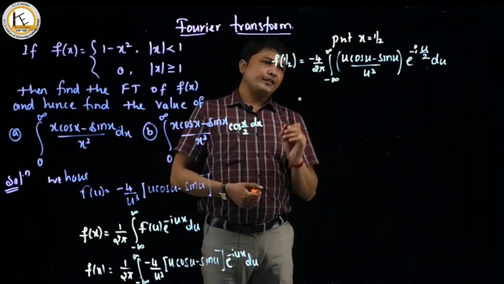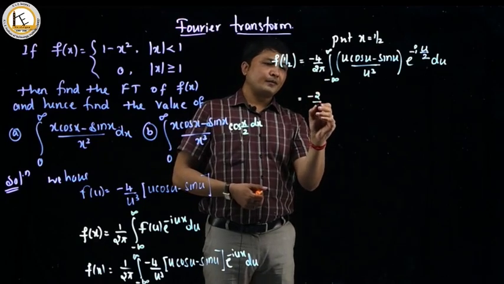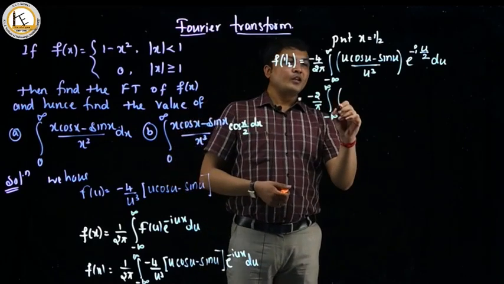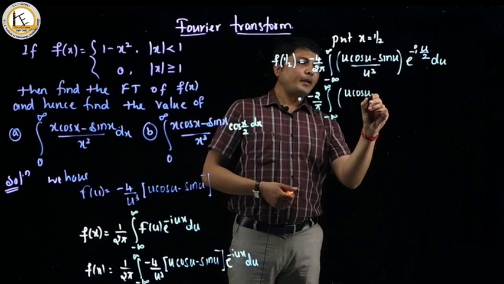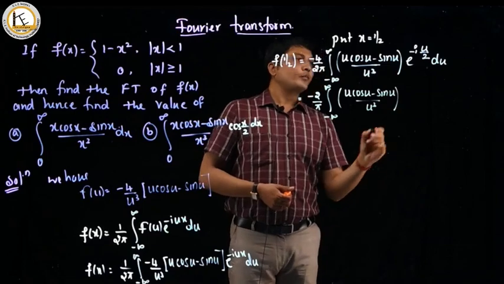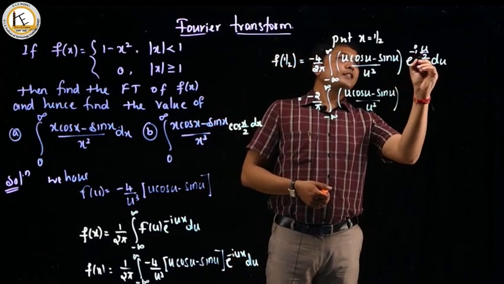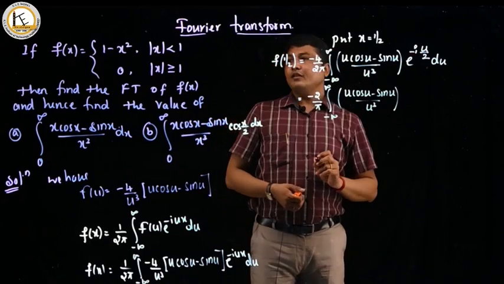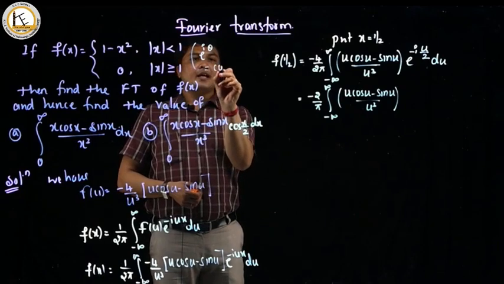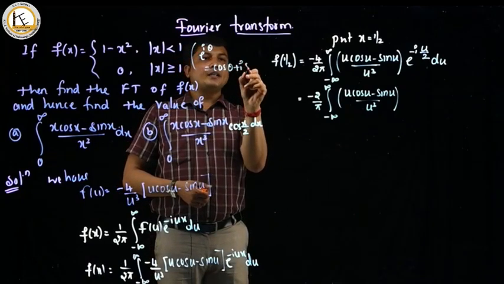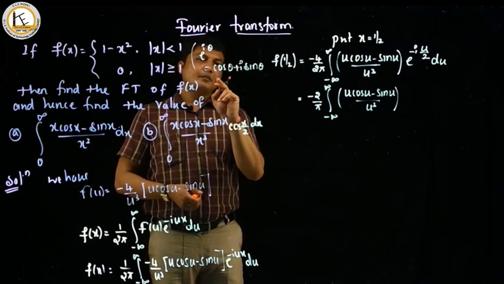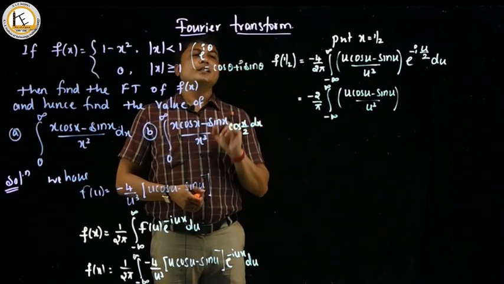So I am simplifying further, so it is minus 2 by pi integral from minus infinity to plus infinity of u into cos u minus sin u divided by u cube, and this e raised to minus i u by 2. We have a property that e raised to i theta can be written as cos theta plus i sin theta. In a similar way, e raised to minus i theta can be written as cos theta minus i sin theta.